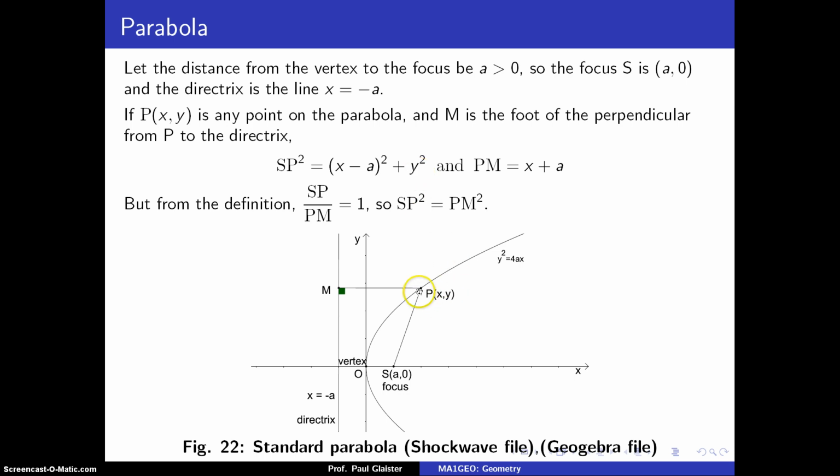Equally, the distance from P to M is x plus this length here, which is of course a, where a is positive. And so with these two distances, we can interpret the definition that SP divided by PM is equal to 1. In other words, SP squared is PM squared, by substituting in these two expressions.